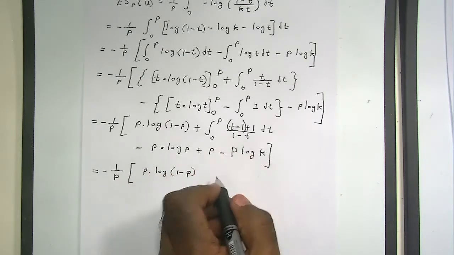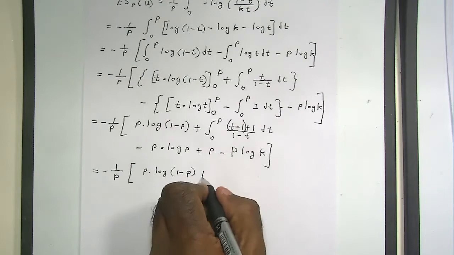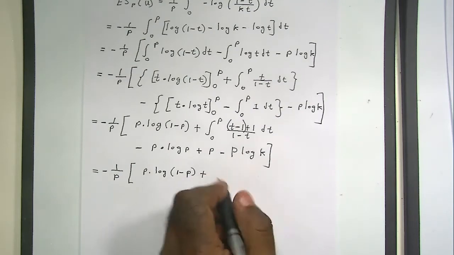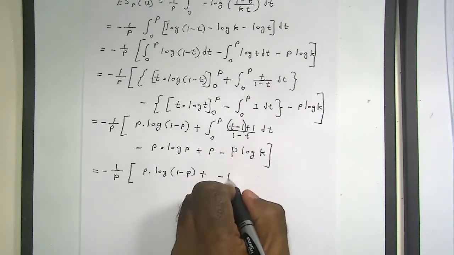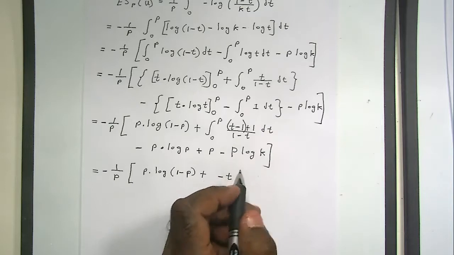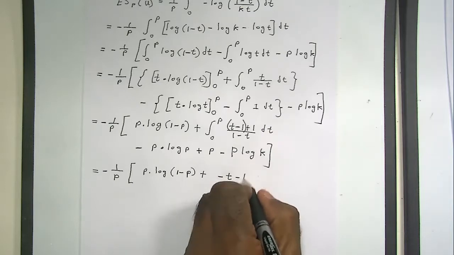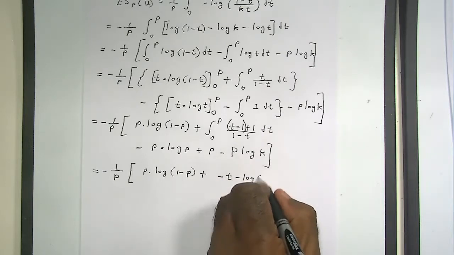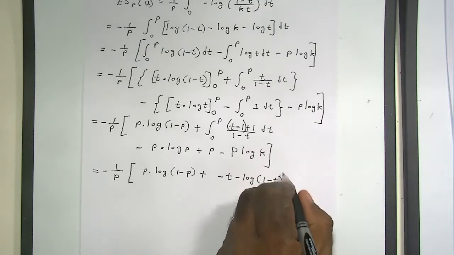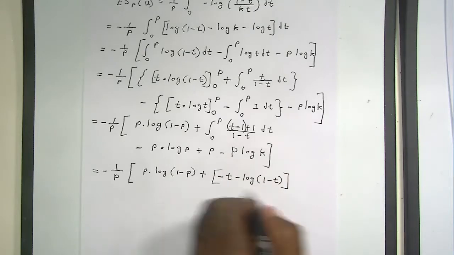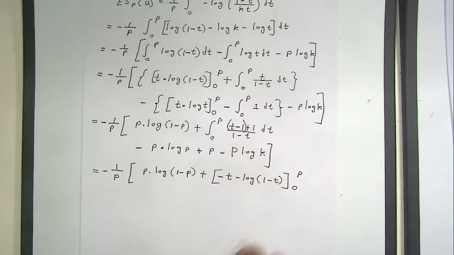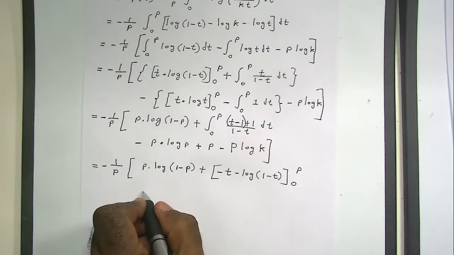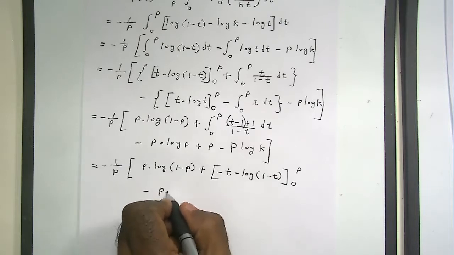Doing the two different integrals, the first integral is minus 1, so it's minus t. The second integral is minus log of 1 minus t, and then from 0 to p, and then you have p log p.